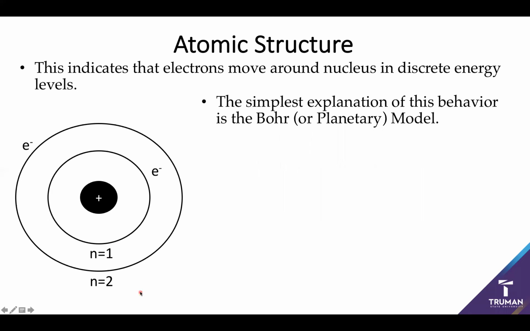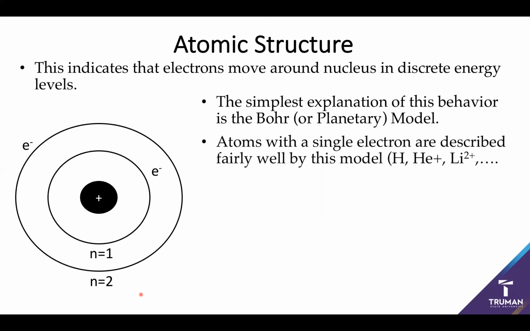And it turns out this is actually a pretty decent explanation of fairly simple elements, also known as hydrogenic atoms, because we have a single electron, just like for hydrogen.